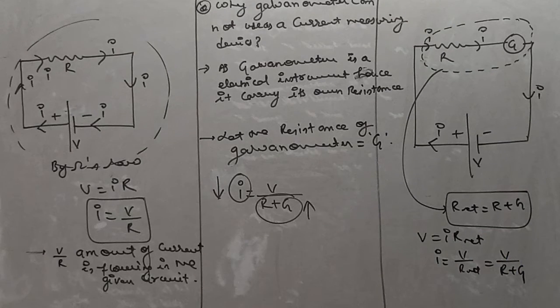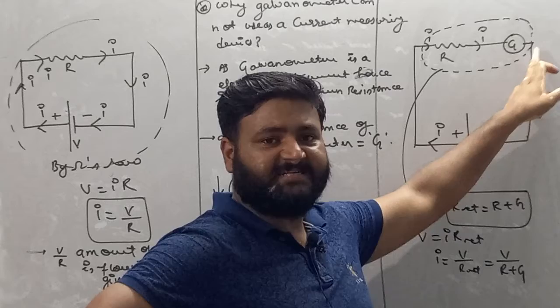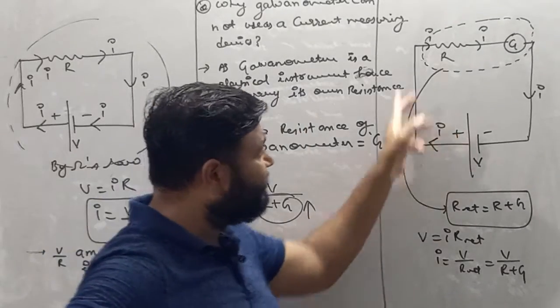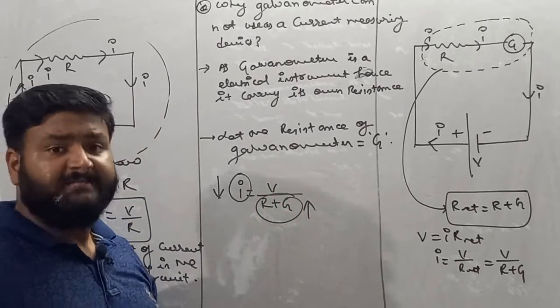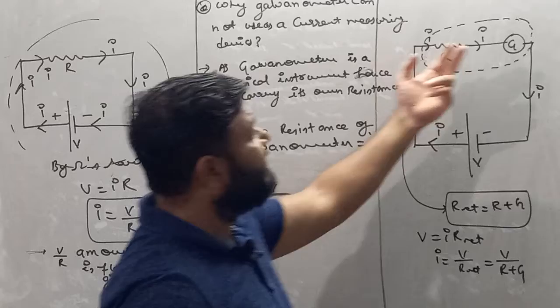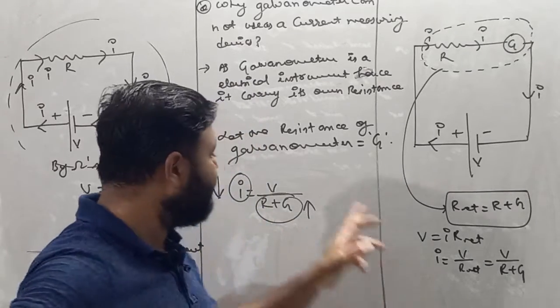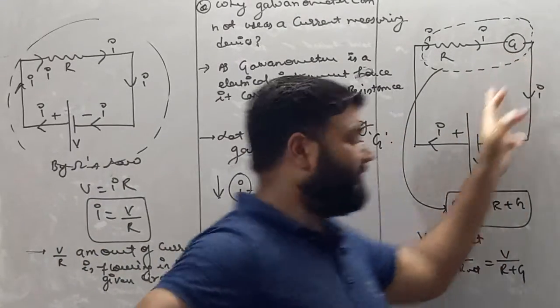Now we are concluding things. The actual current which is flowing in the circuit is V by R. If I connect a galvanometer to measure the current, due to its own resistance the net resistance of the circuit increases and hence the current decreases and becomes V by R plus G. The actual current is V by R, but after connecting the galvanometer, the value of current changes.